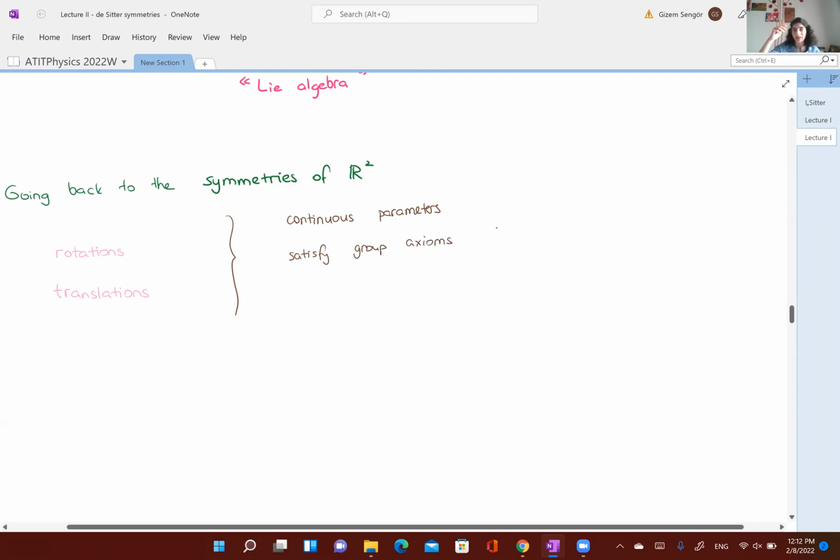So those 3 things written in light blue in the beginning, we checked and said, okay, they satisfy these, so these form groups. And having continuous parameters and a unit element, the elements are continuously connected to the identity. So these are also Lie groups, or belong to the Lie group category. Okay.